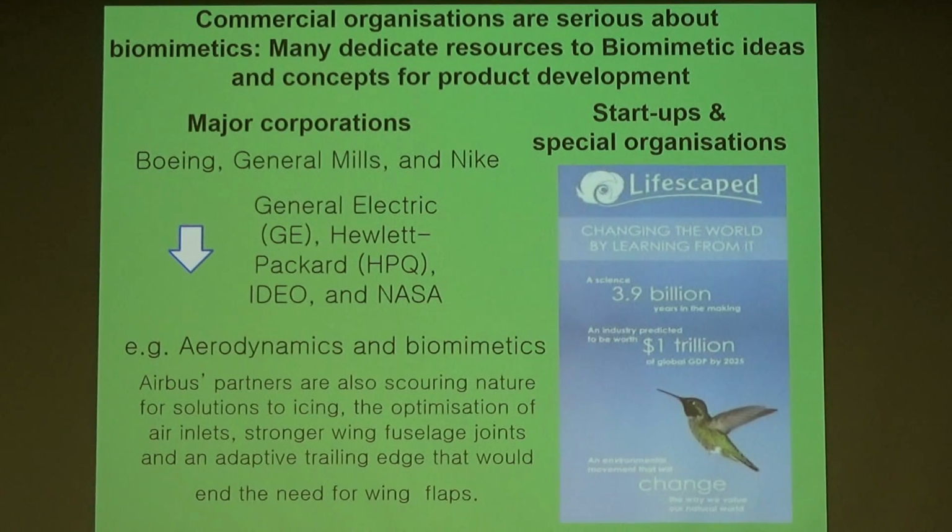I don't know about Samsung, but I'm very sure Samsung would be doing the same in terms of computer networks, developing networks based on biomimetic ideas. I've highlighted here aerodynamics, which is a big area at the moment, where they're looking at flight in nature, trying to learn some key lessons in improving flight.